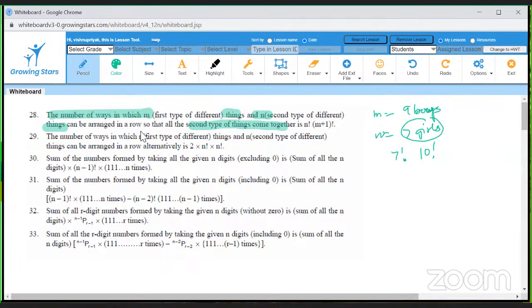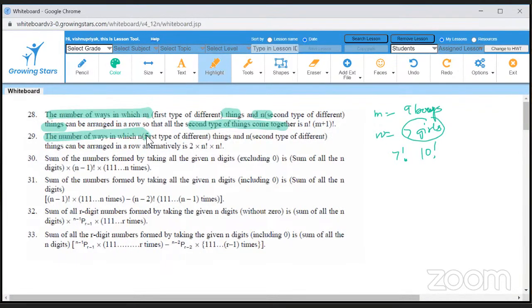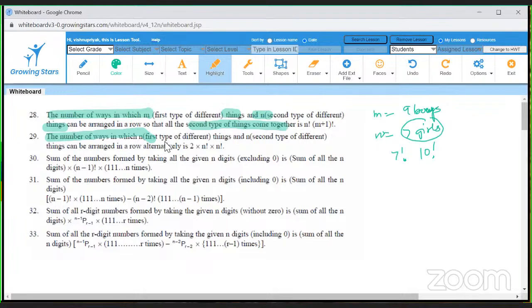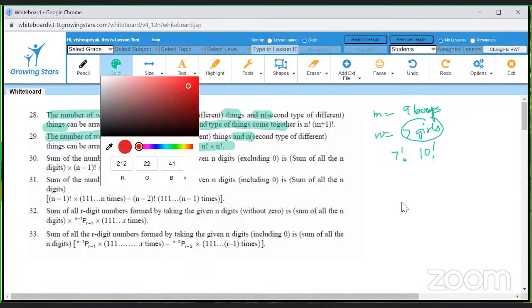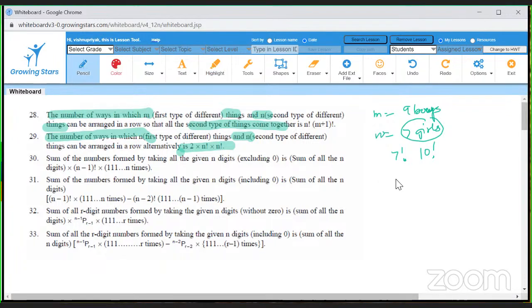Next, the number of ways in which n things of first type, they are different, but first type, and n things of second type can be arranged in 2 into n factorial into n factorial ways. What do you mean by this? There are n things, like 5 boys are there. They are boys only, but all these 5 boys are not the same.